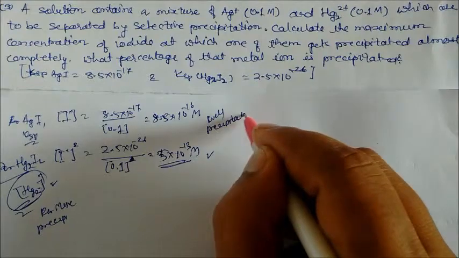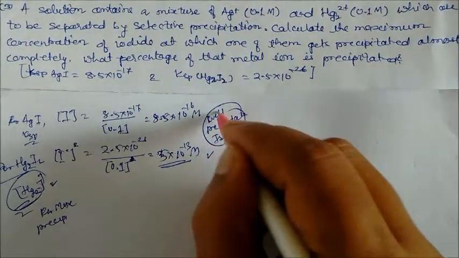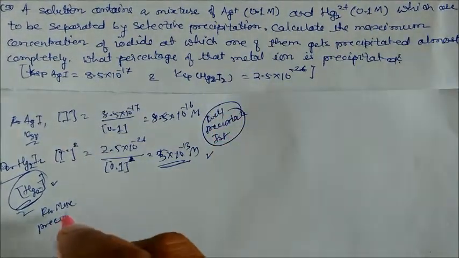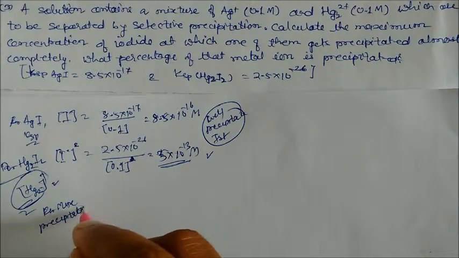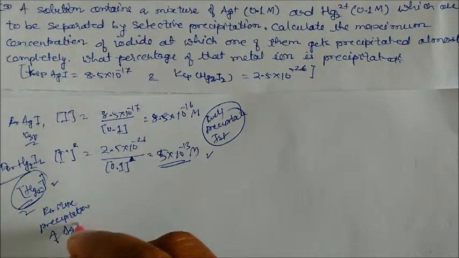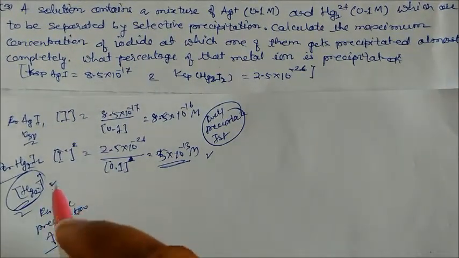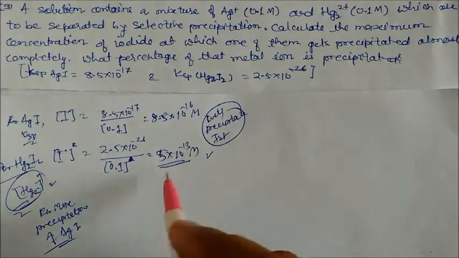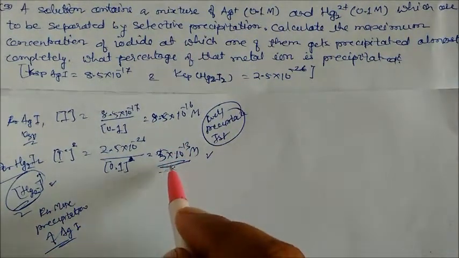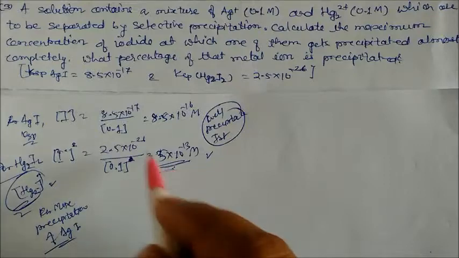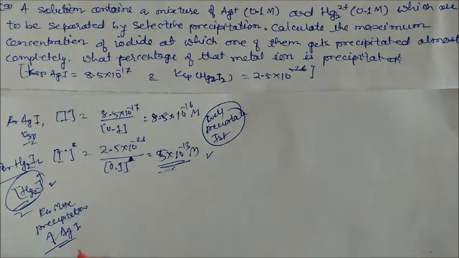So for maximum precipitation of silver iodide, we have to take the value of this concentration.